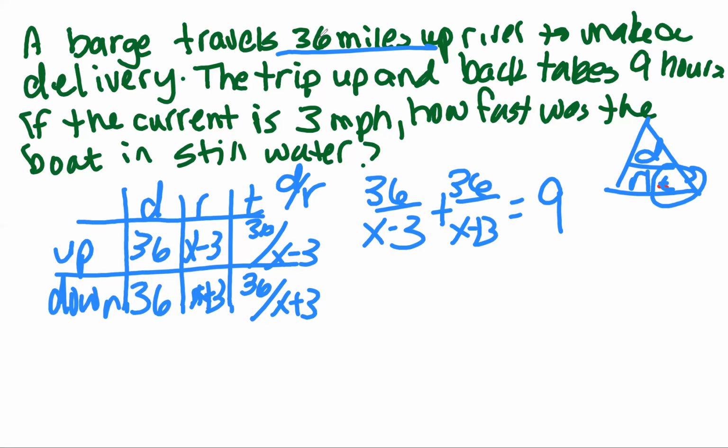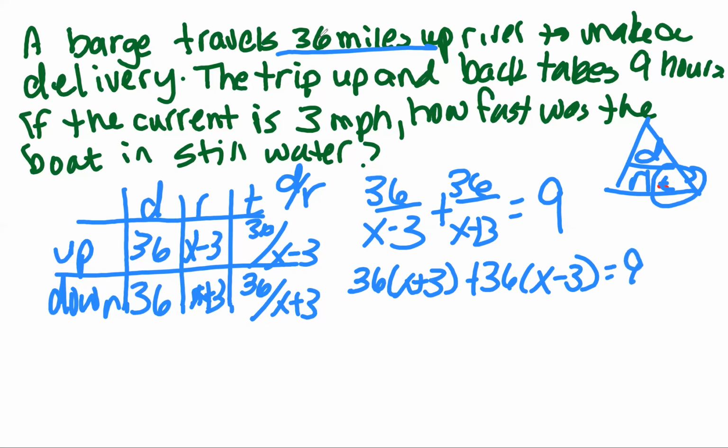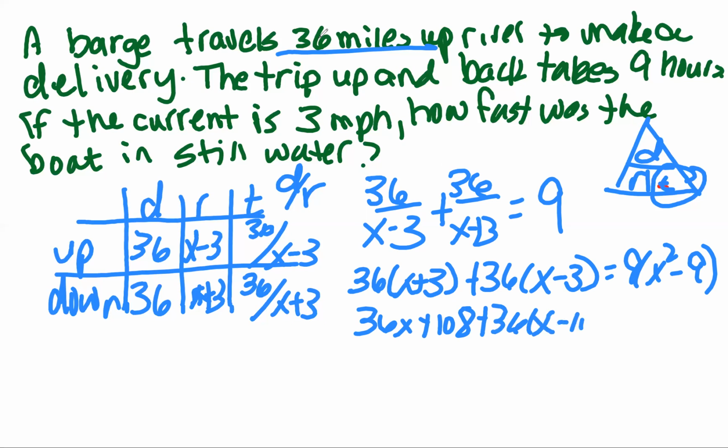Now, once I have that, all I need to do is solve. So 36 over x plus 3 plus 36 over x minus 3 equals 9 over x squared minus 9. So 36x plus 108 plus 36x minus 108 equals 9x squared minus 81.